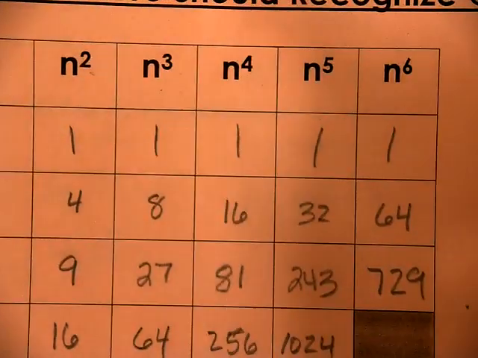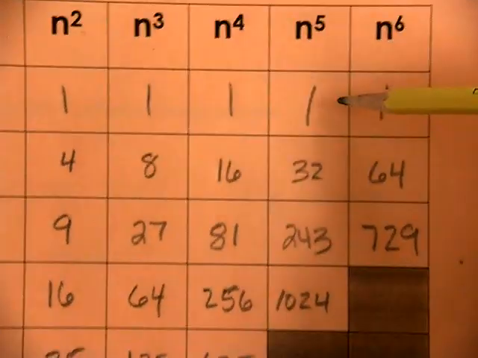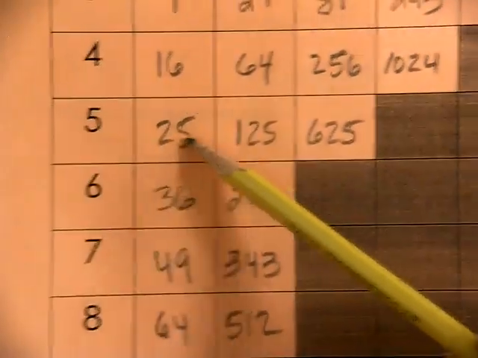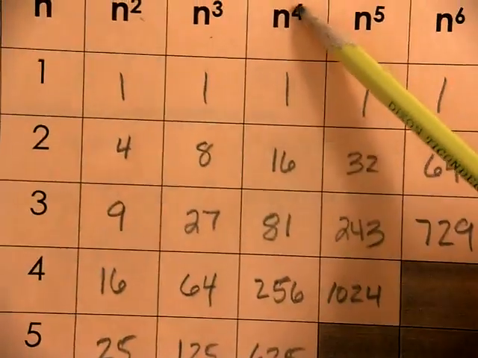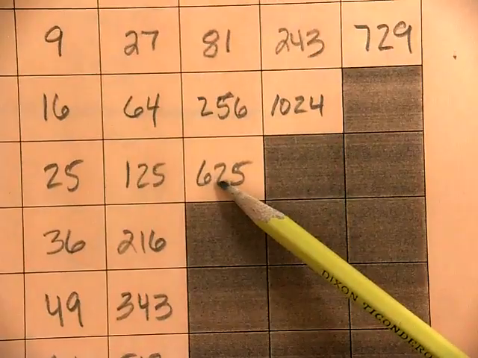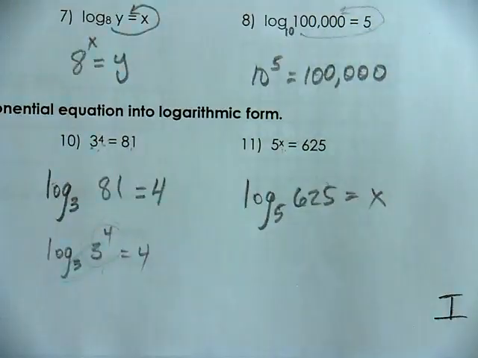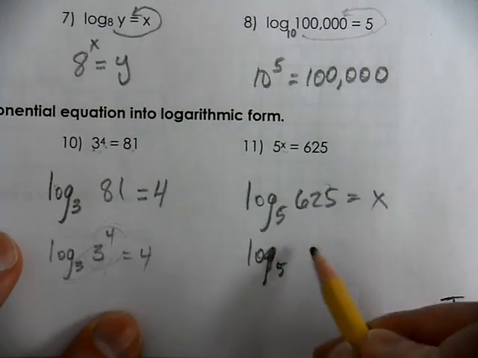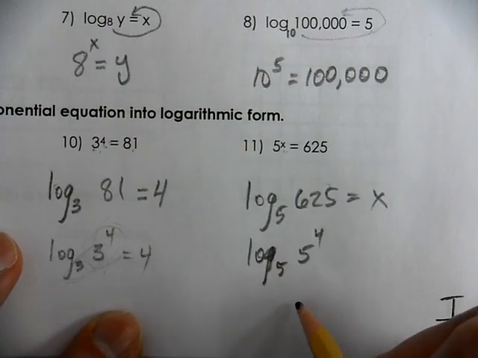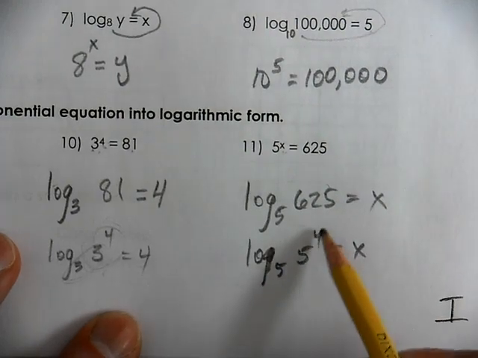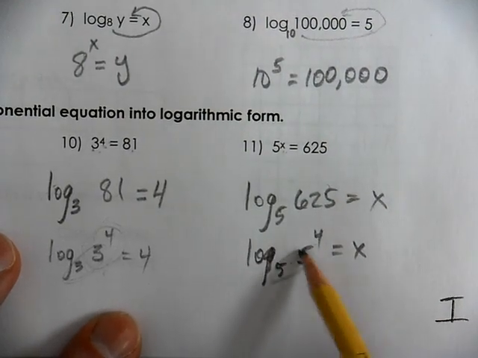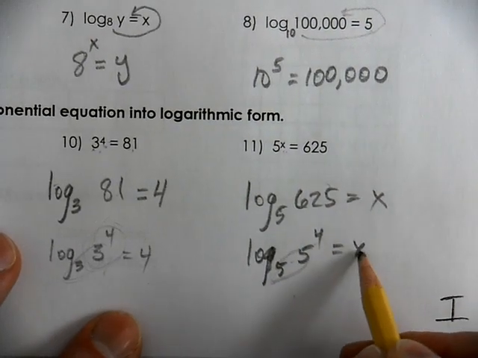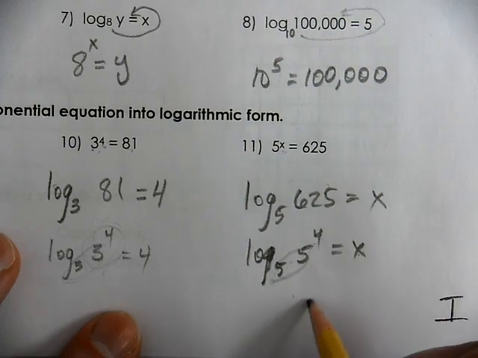So if we go to our table of powers, and we see our 5 here, that's to the 4th power. 5 to the 4th power is 625. So if we write 5 to the 4th power, these two match, so the whole logarithm is going to equal 4. So in this case, x is 4.